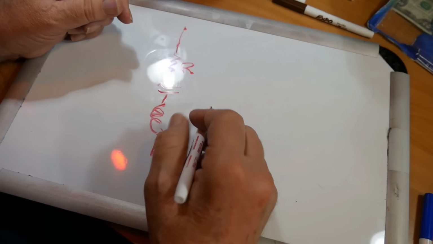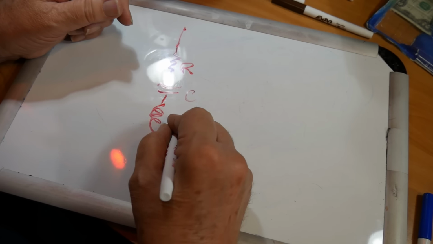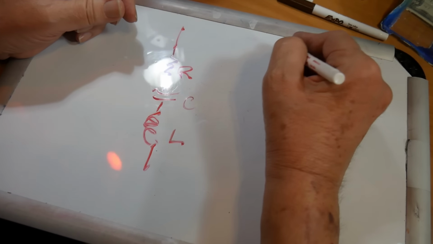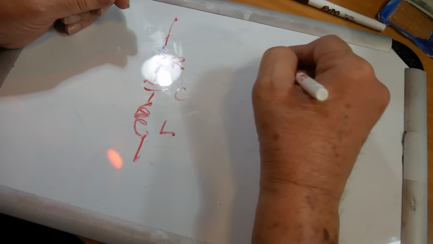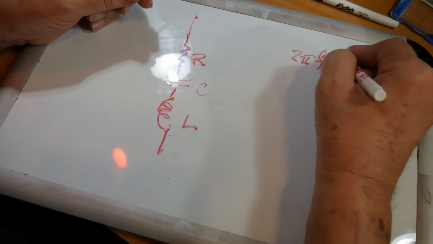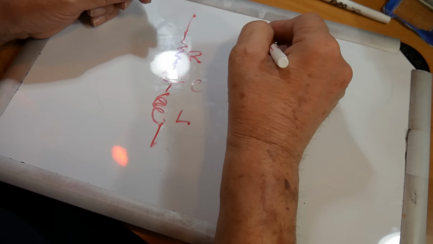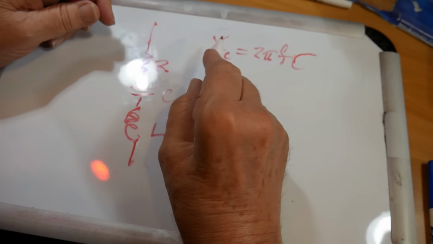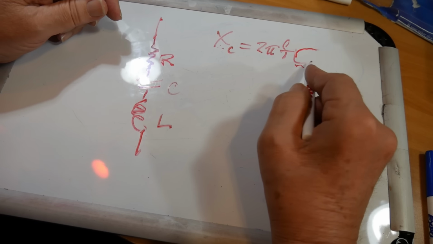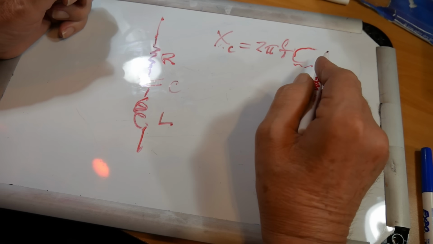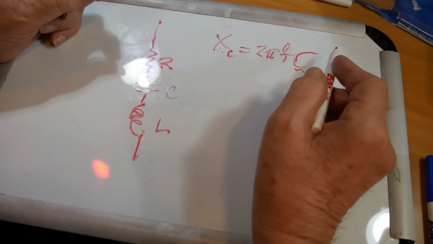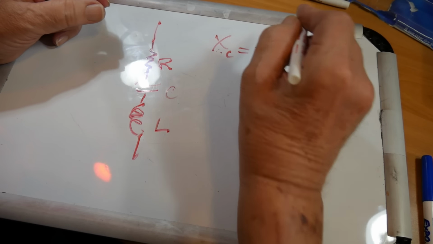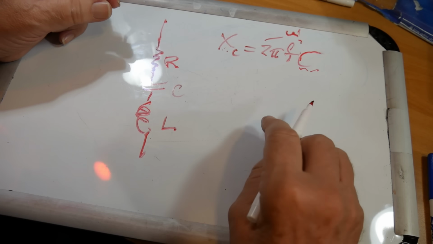This is R. This has a value of C. This has a value of L. Now, the capacitive reactance X sub C is 1 over 2 pi f C. This is the reactance of a capacitor of value C farads. For you engineers out there, this 2 pi f part right here is omega. That's not a W, that's Greek letter omega.